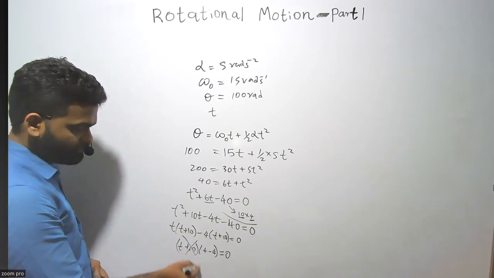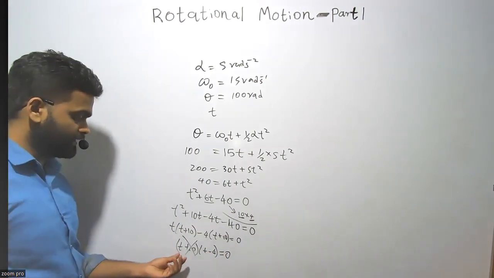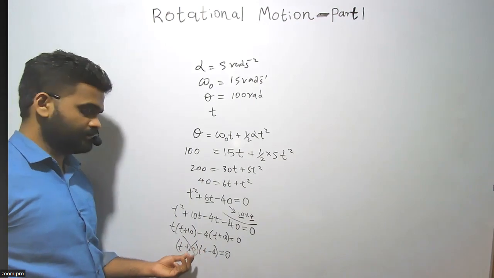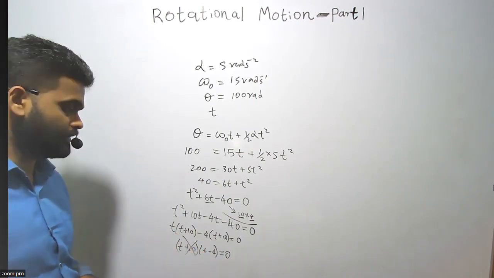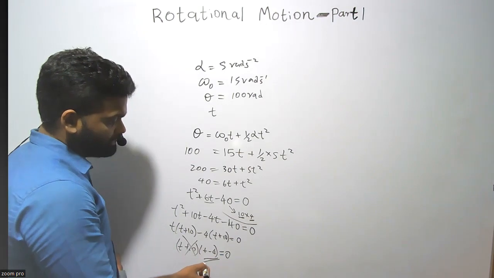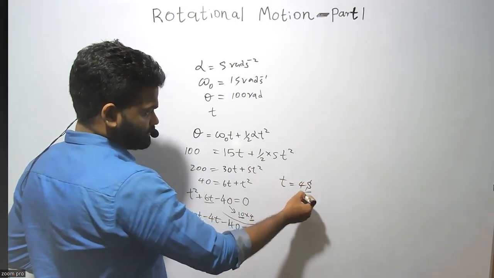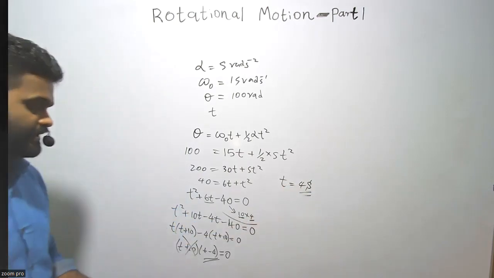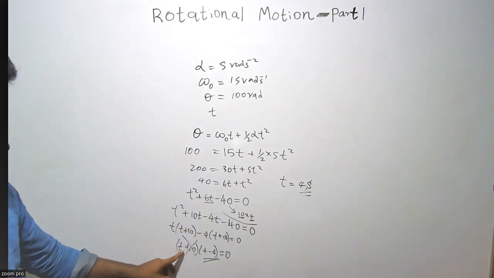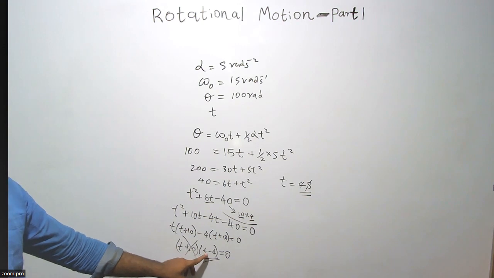So here you can get rid of t plus 10. If you take it, t equals minus 10, right? It is not possible. Time is positive always. So the answer should be t minus 4 equals 0, which is t equals 4 seconds. T cannot be minus 10, right? T should be 4 seconds.